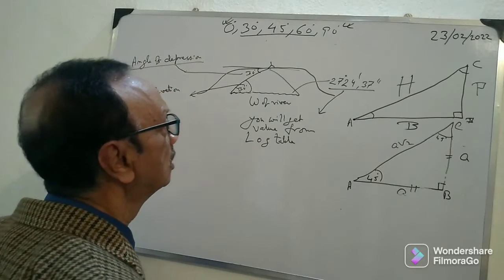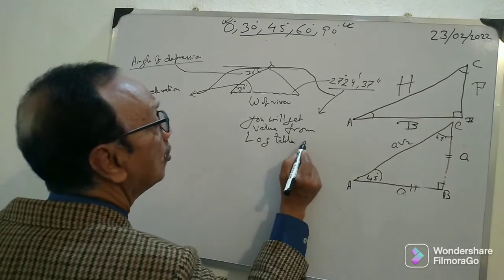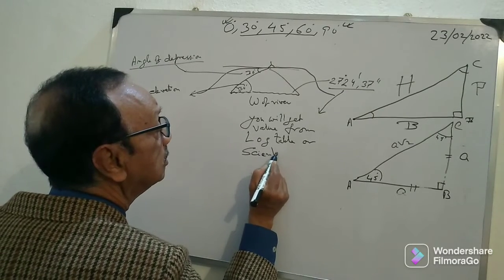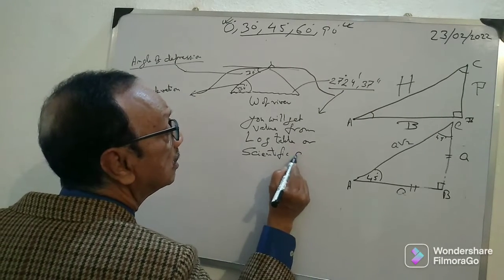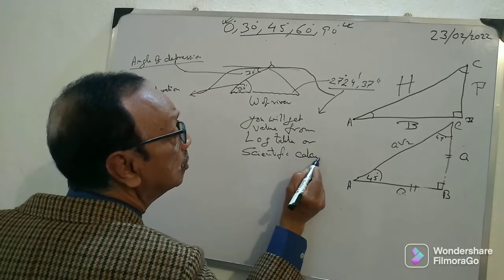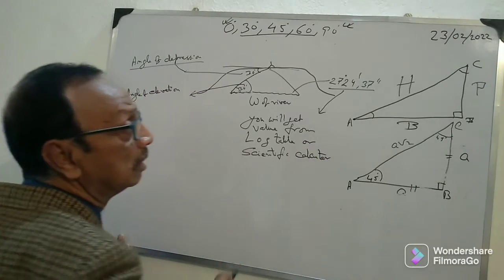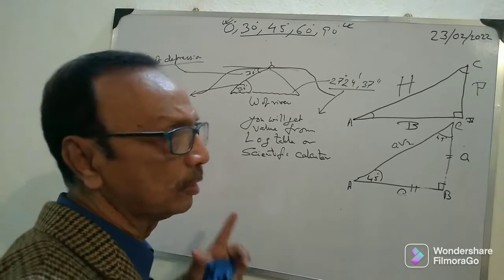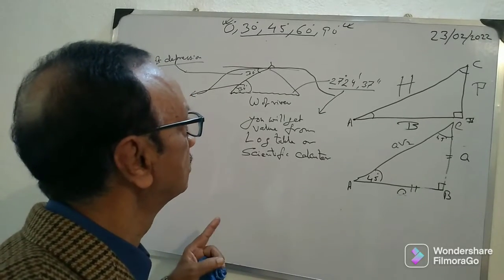Corresponding comparative values are given in the log table or a scientific calculator. Okay, now I think I have covered up to 10th standard with basic concepts on trigonometry.